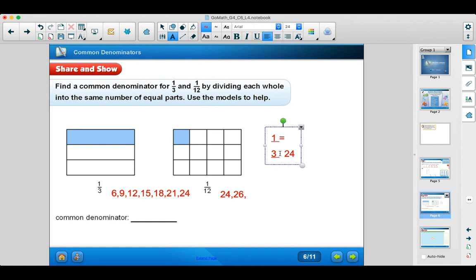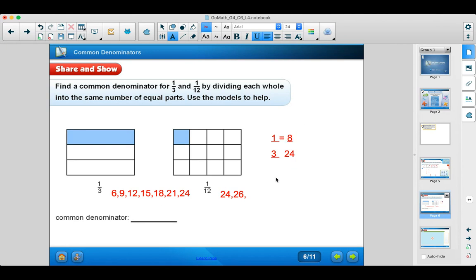So a common denominator is 24. So 3 times what is 24? 8. So 1 times 8 is 8. So that is an equivalent fraction with a common denominator.